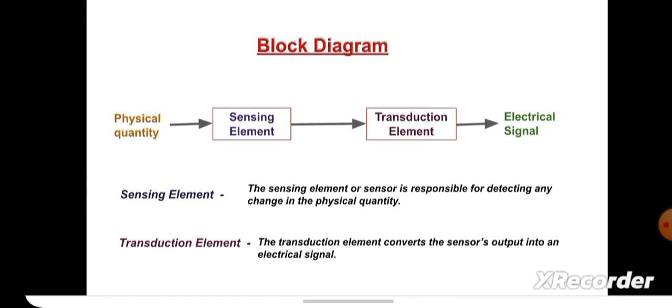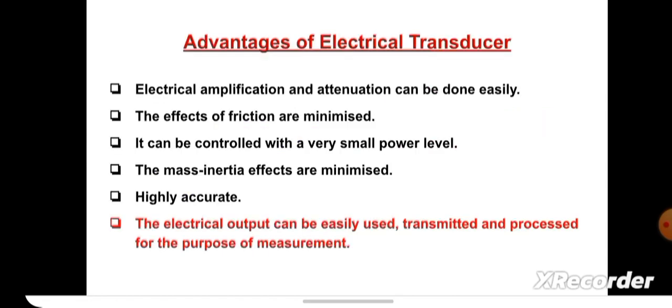So the physical quantity, which is basically a non-electrical quantity, is converted into an electrical signal with the help of these two elements, that is the sensing element and the transduction element.